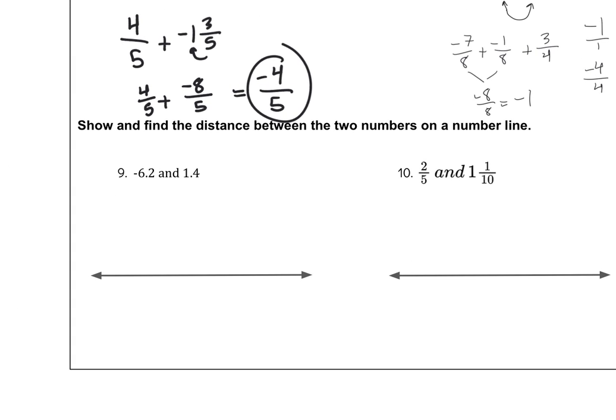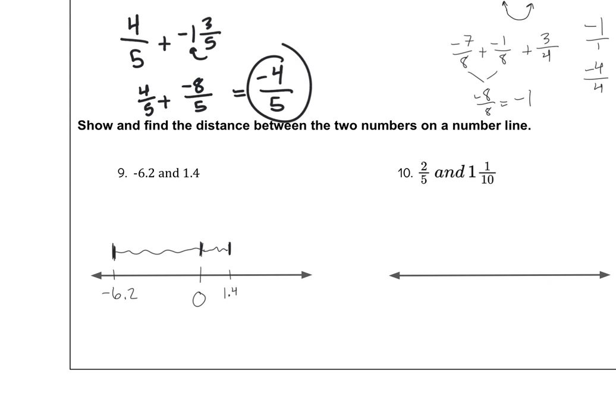All right, number 9, show the distance between the two numbers on a number line. So what we have here is this, I put 0 down. 1.4 is pretty close. -6.2 is pretty far away. What I'm trying to figure out is how far is this distance? If I measured this distance from here to here, and then added this distance, I will get my total distance.